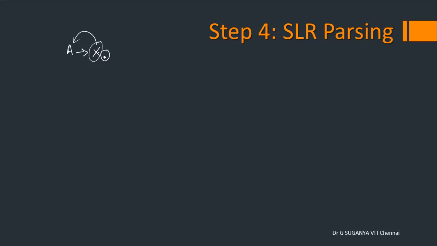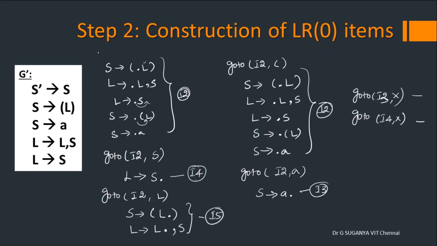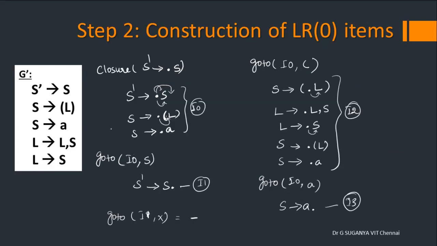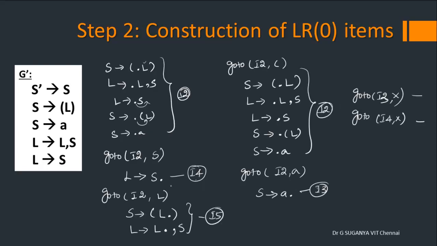So let's have a look here. You identify that this is a special symbol which is an accepting state, so you can stop, don't worry about this. I3 has S gives A dot, so that's the first thing we need to identify. Then in I4 you have L gives S dot.